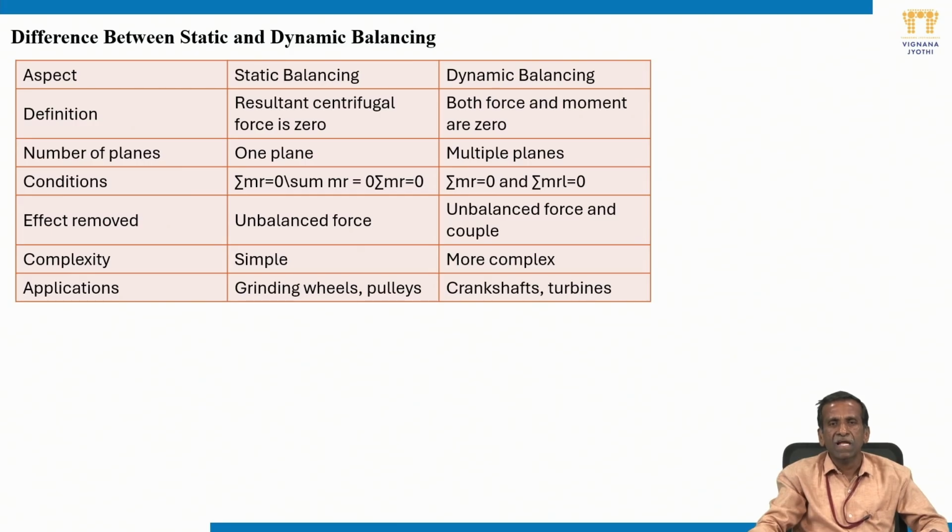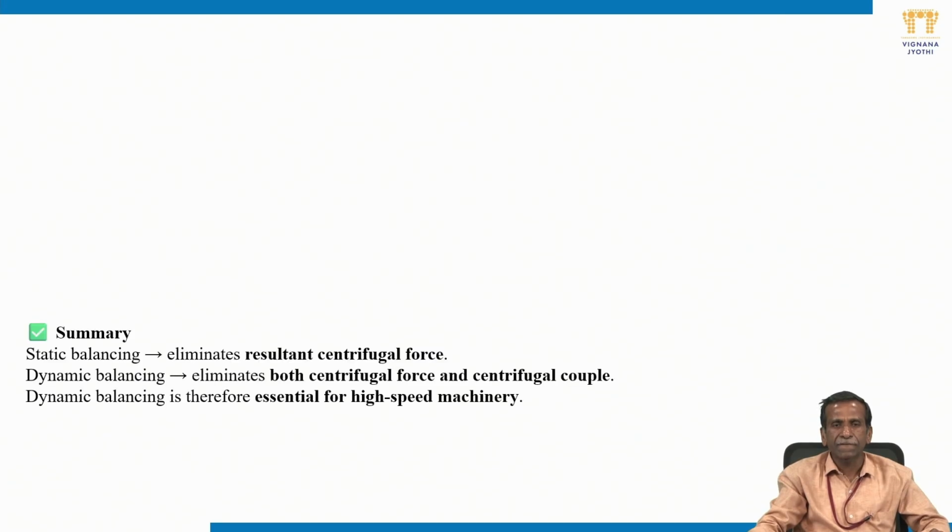Static balancing is very simple to understand, and dynamic balancing is a little bit more complicated. For applications, if a single mass is rotating, there are grinding wheels and pulleys. In dynamic balancing, a crankshaft along its length carries different masses in different planes, and a turbine rotor also. These are examples of dynamic balancing.